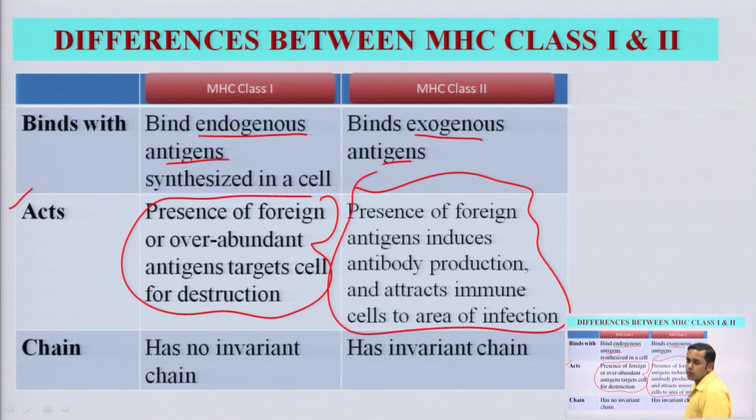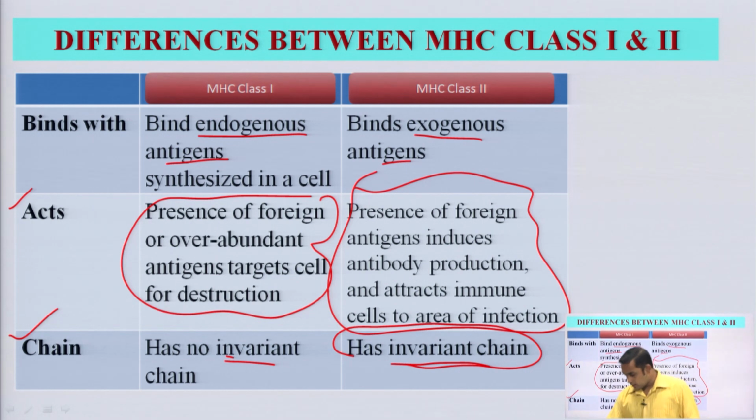For example, some virus is entering or some bacteria is invading and destroying your cell. In that case, it will come into the picture. Regarding chains, one has an invariant chain and the other has no invariant chain. We have seen there are 2 chains.